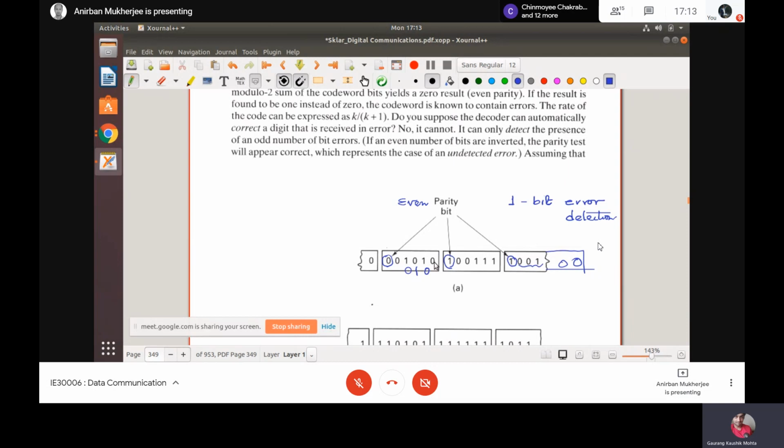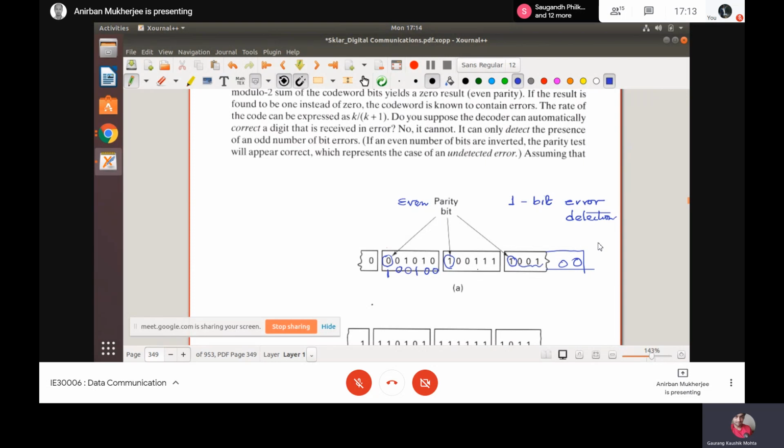So in the total message, what is my message bit? 0, 0, 0, 1, 1, 0. So I should expect there must be 1, but it is 0. That means there is some problem. So 3 bits of error can be detected.